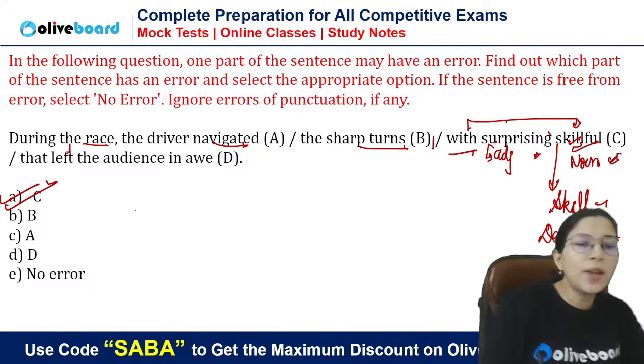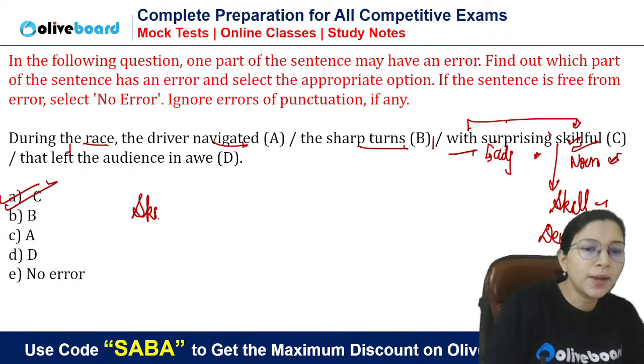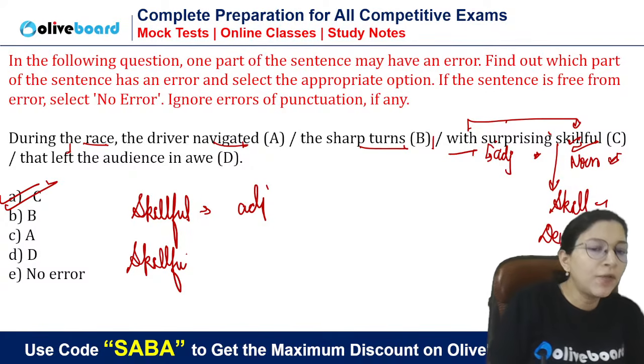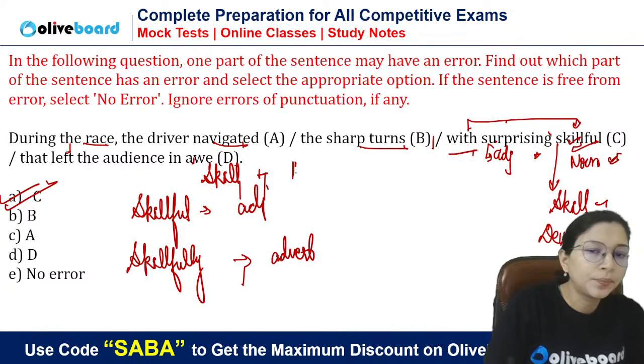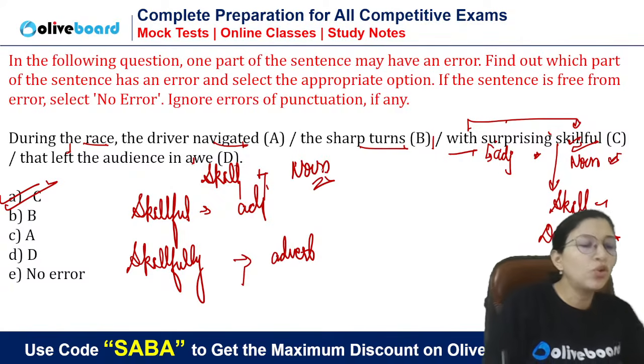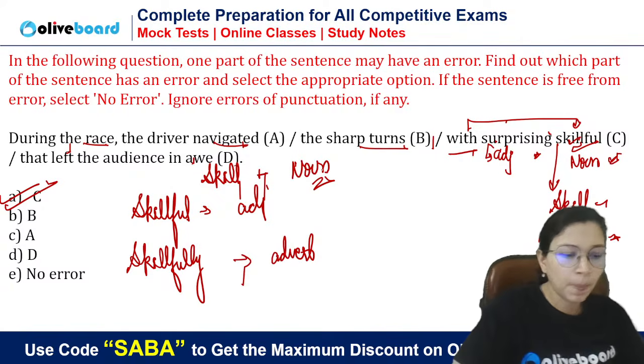Skillful is an adjective. Skillfully is an adverb. We need neither an adjective nor an adverb. And skill is a noun, so we need a noun there, because prepositions are always used before a noun. There should be a noun to use a preposition or article.